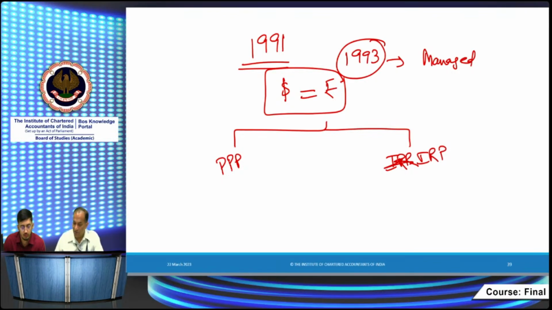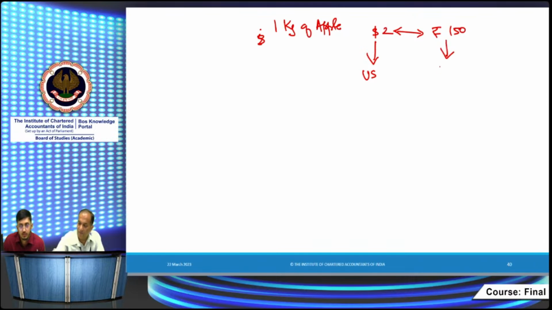Now, students, I will give you a very small example. Of course, there are some calculations, but I'm just giving you a small hint about purchasing power parity. Say 1 kg of apple of a particular quality is quoted at $2 per kg in the USA. The same quality of apple in India costs rupees 150.